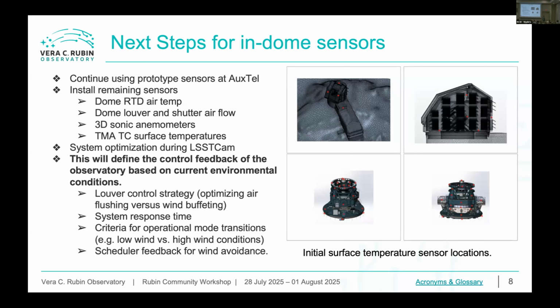There are also some control feedback features that we want to implement on the EAS side, a control strategy over the louvers, basically optimizing the airflow against possible turbulence being induced by that strategy. That is an active field of research for these particular systems.